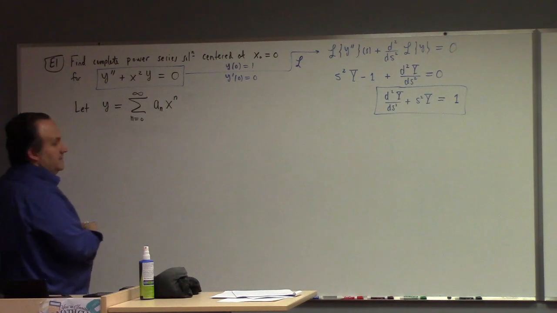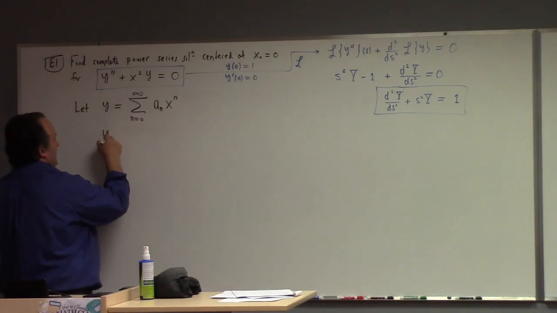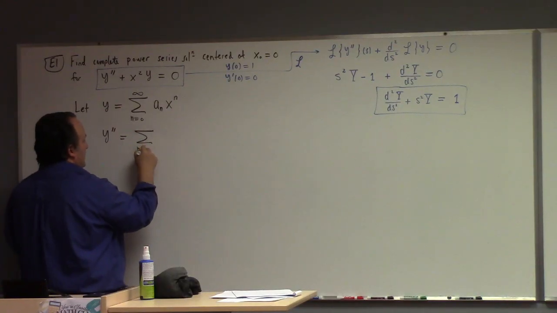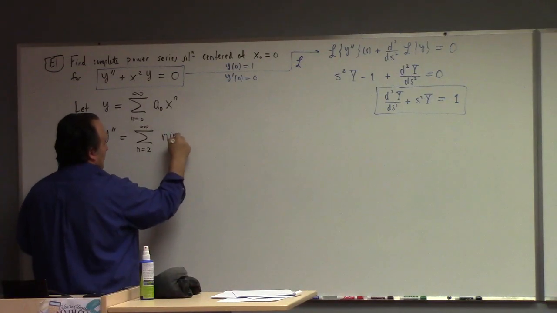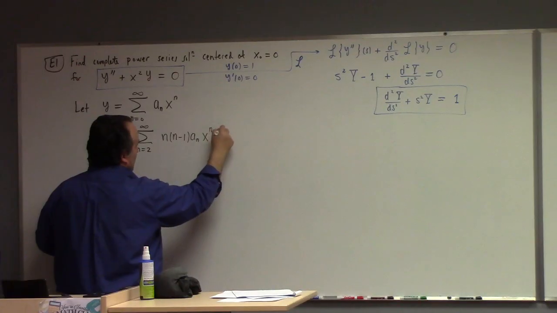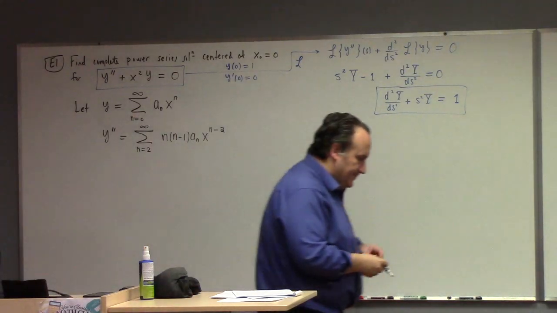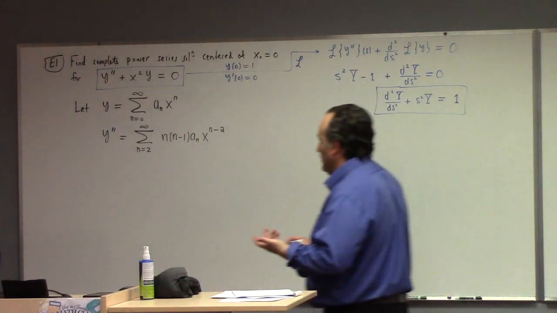And then if we differentiate that two times, we get the sum n equals 2 to infinity of n times n minus 1 a sub n x to the n minus 2. We worked this out. I guess I skipped a step, but you'll forgive me. So that's the second derivative. There's the function.